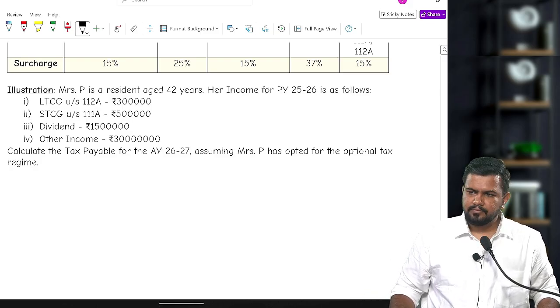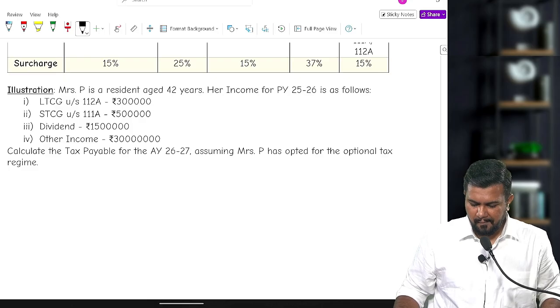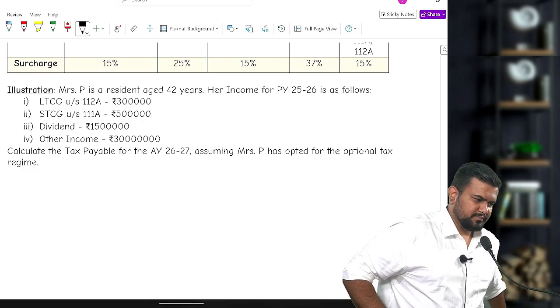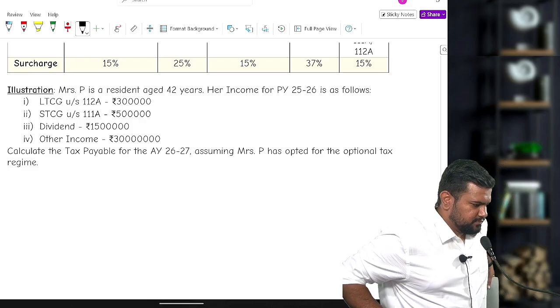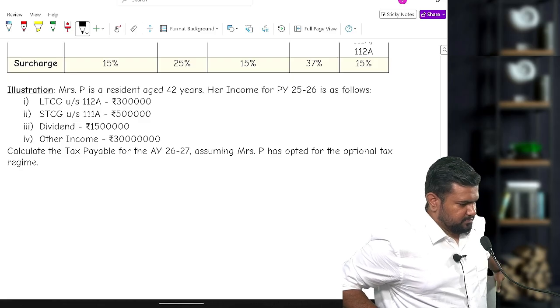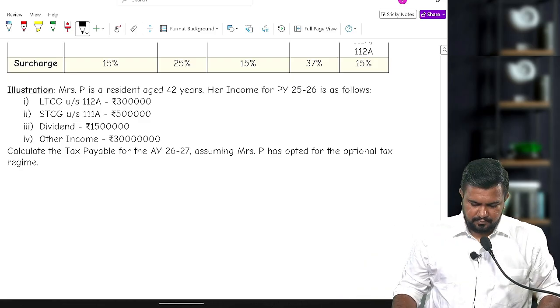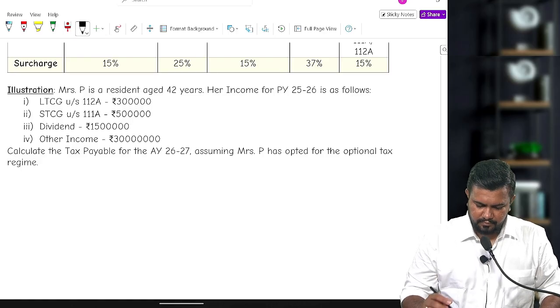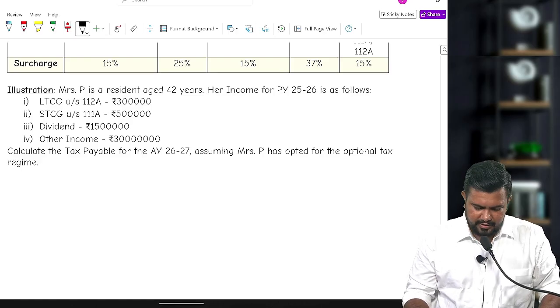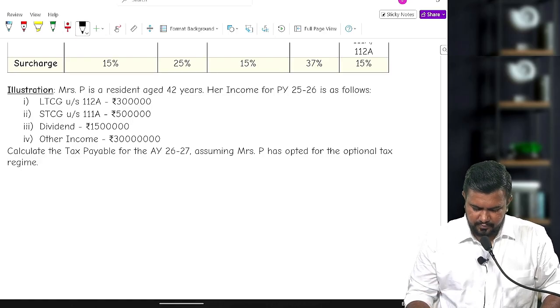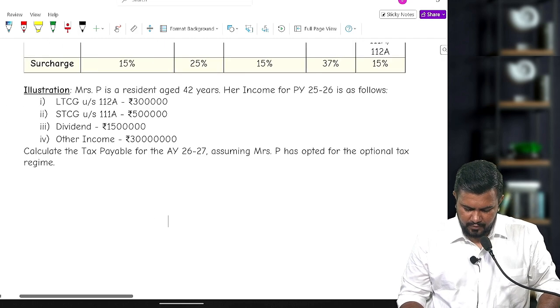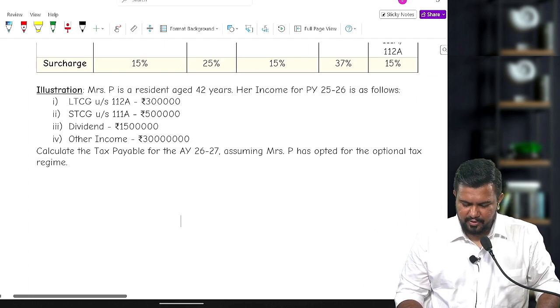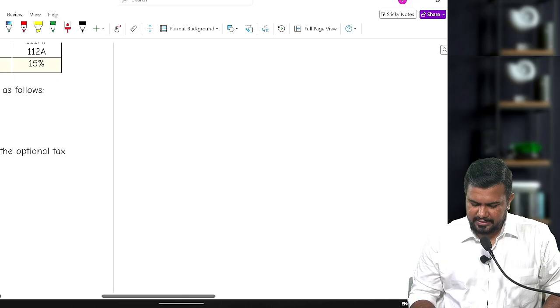Done? Okay, shall we solve quickly? Calculate the tax payable for assessment year 26-27.